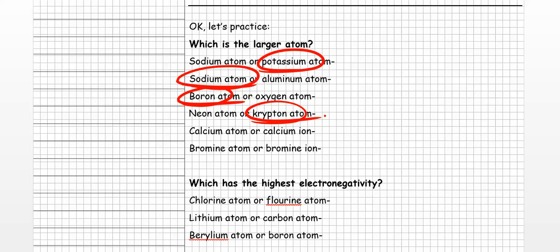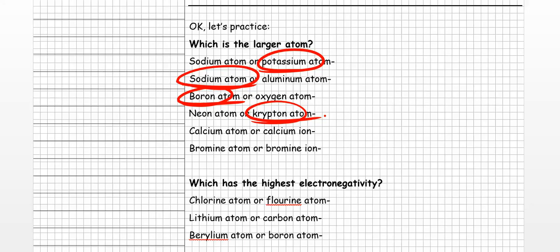Calcium atom and calcium ion. All right, let's not get confused here. Calcium atom, that's number 20, versus calcium ion. Well, what happens to calcium to form calcium ion, right? It goes from Ca to Ca2+, or plus 2. You can say it either way.